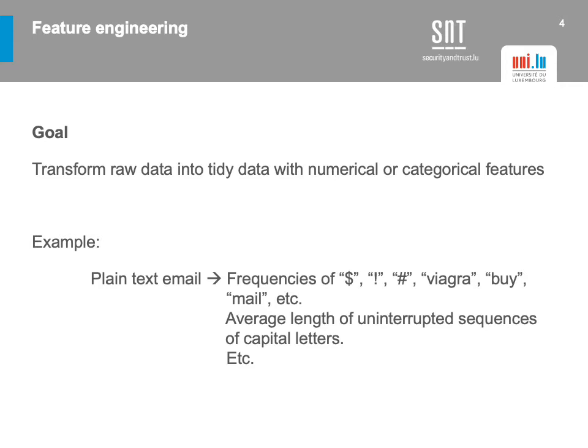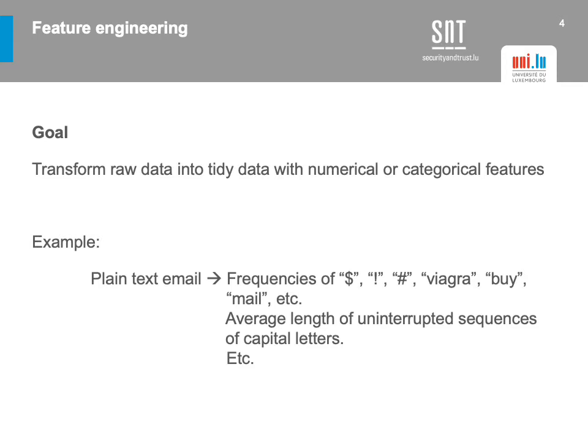This is not directly usable for a machine learning model. So we have to transform them into something that can be understood by the model. So what can be understood by the model? Well, the model only accepts numerical or categorical features. So we really have to transform whatever is our raw data into only numerical and categorical features.